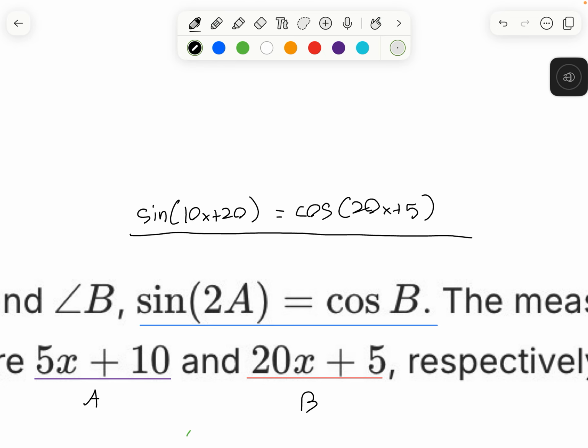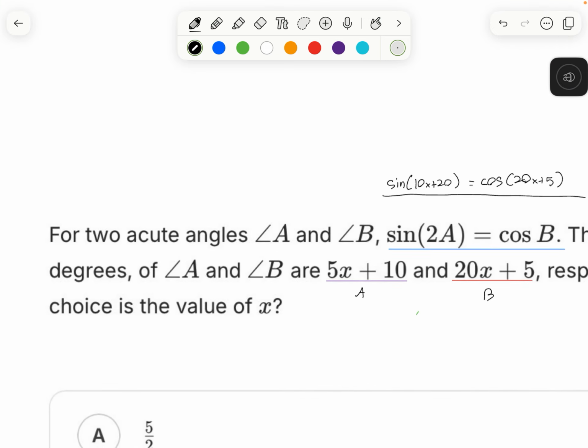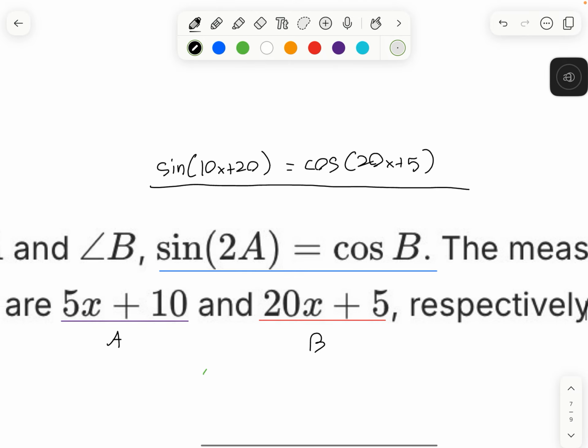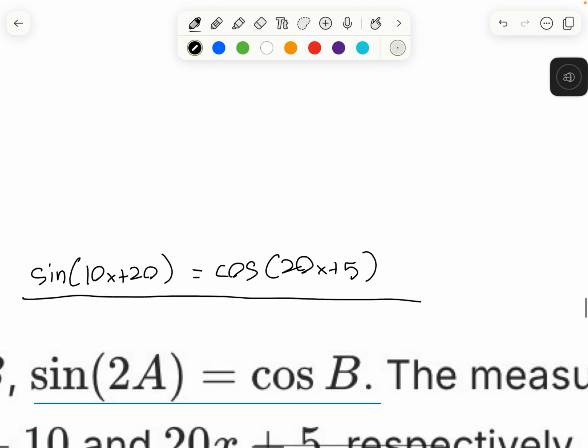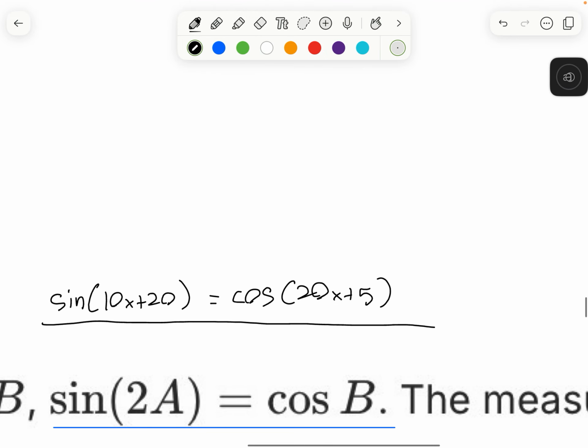What else do we know? We know that angle A and angle B have to be part of a triangle. So let's say just for one second, and this might not necessarily be true, that these angles were part of a right triangle.